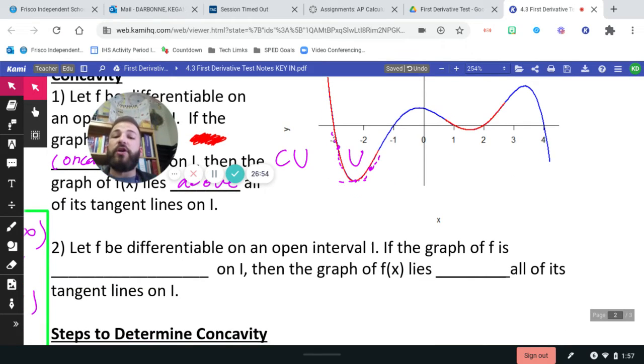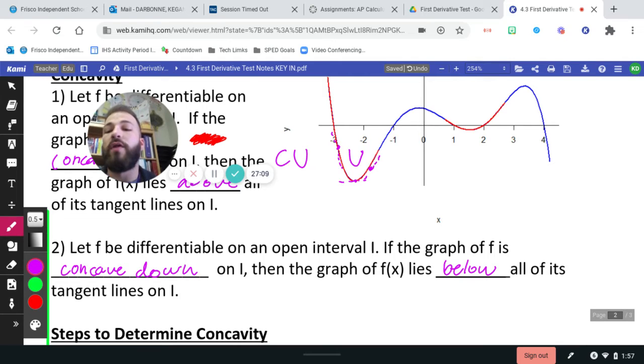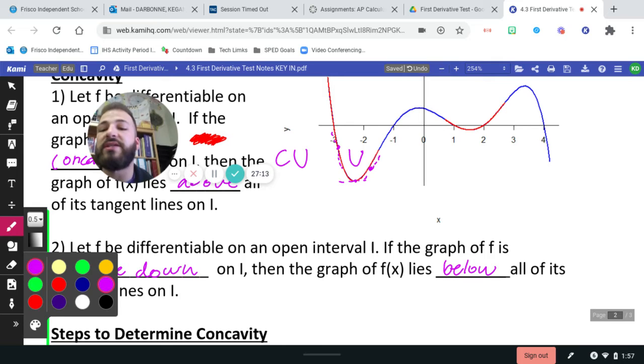Let f be differentiable on an open interval I. If the graph of f is concave down on I, then the graph of f of x lies below all of its tangent lines on I. So this is just our opposite shape, concave down. Our concave down sections are our blue sections on the graph.